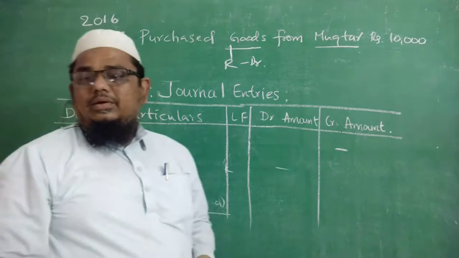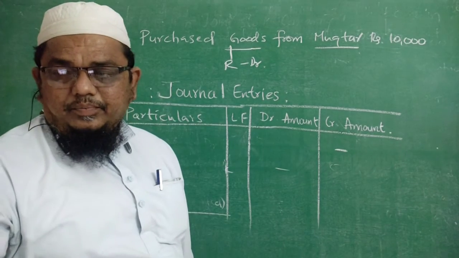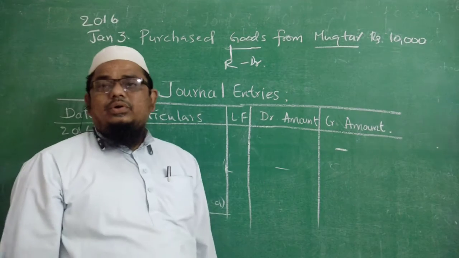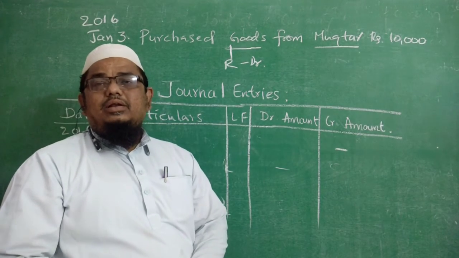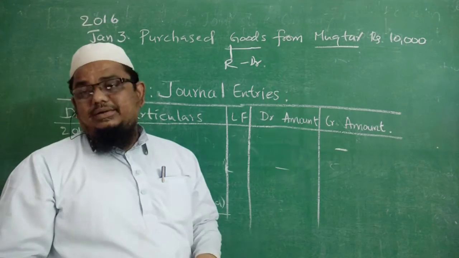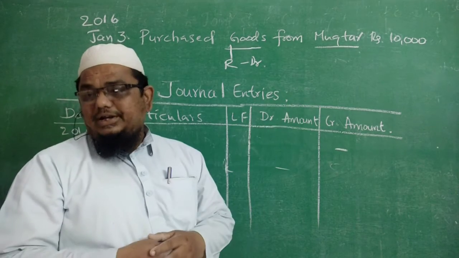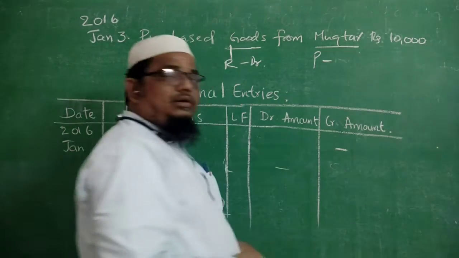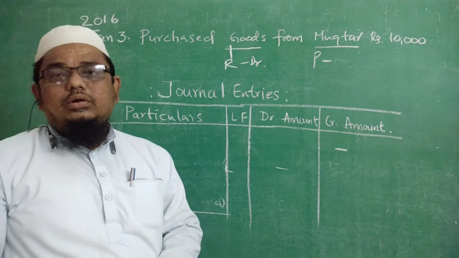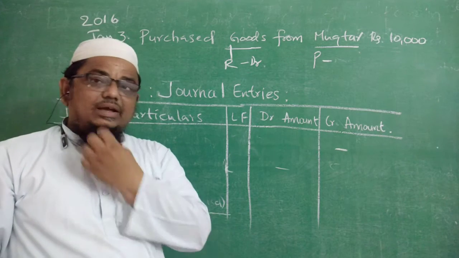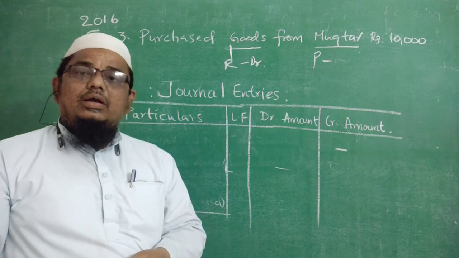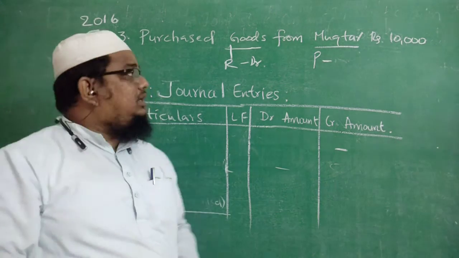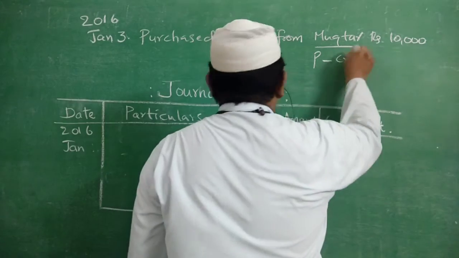When we are debiting goods, we have credit remaining. So Mukhtar is to be credited. Mukhtar comes under personal account. Personal account rule: debit the receiver, credit the giver. Mukhtar is the giver. So credit.